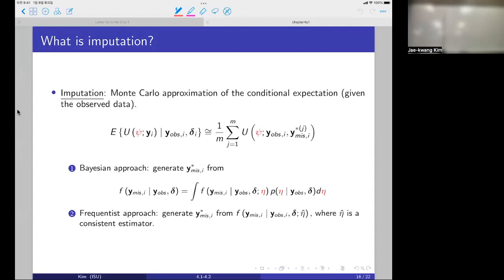This Monte Carlo sample comes from the prediction model, the imputation model, the predictive distribution. Between the two schools, Bayesian and frequentist, we have different choices, but the very concept should be the same.